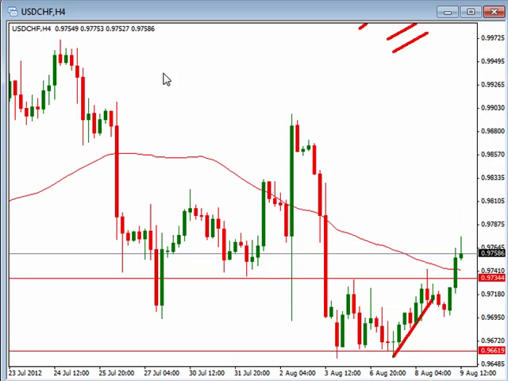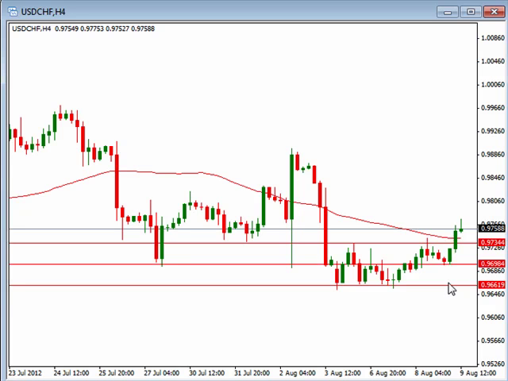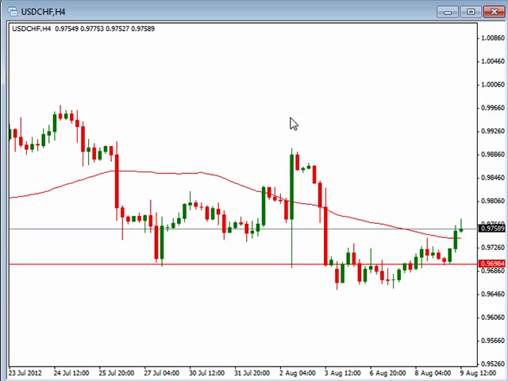The US Swiss franc. This one, we're in a downtrend. Let me get rid of some of my lines here so it doesn't look so confusing. The lowest low of the last three on here is going to be right here. Our stop is going to be somewhere above the most recent high.